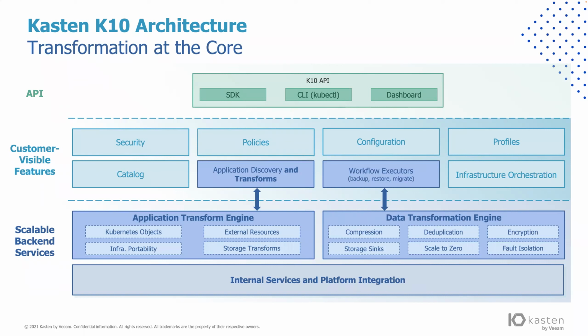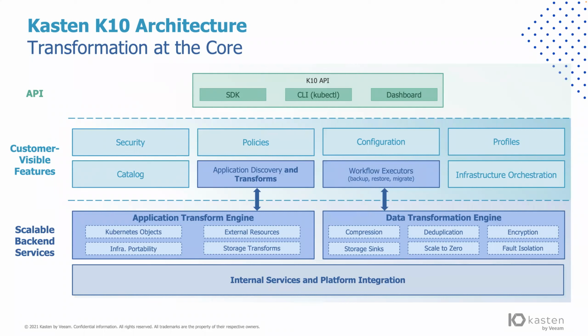The transformation engine allows you to transform all different Kubernetes objects. So for example, you might want to migrate from on-premise or any other Kubernetes distribution to Google Cloud, but apparently you're using different storage. So we have the powerful transformation engine that allows you, as part of the restore, to transform the storage to the Google Cloud storage class.